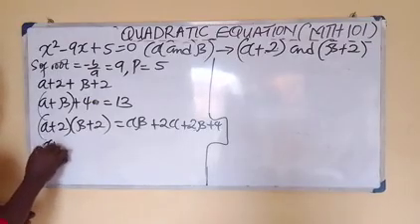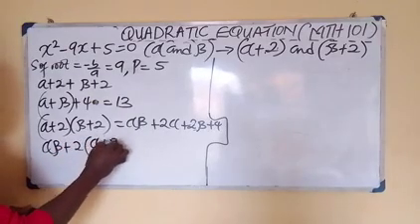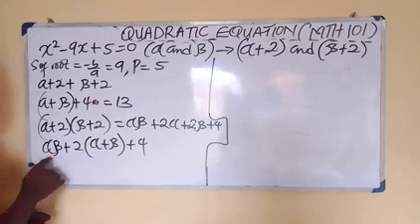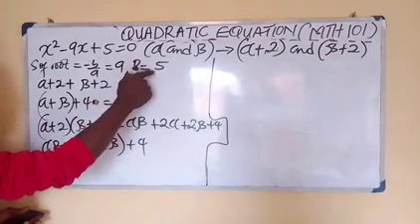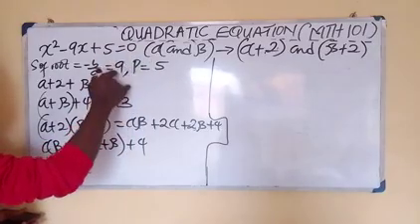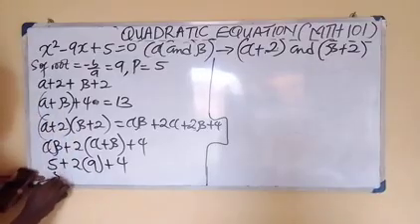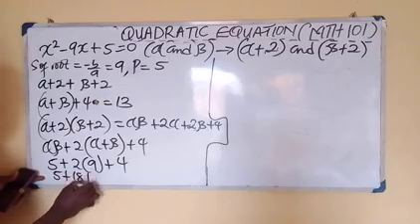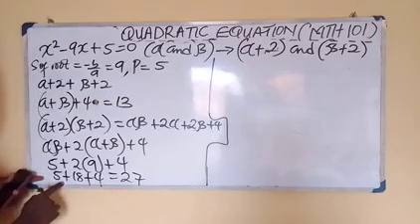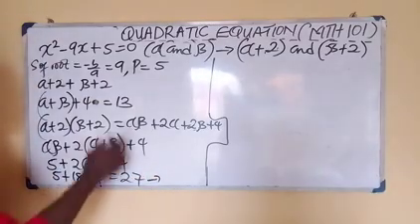I'll be having alpha beta plus, I'll factorize 2 open brackets alpha plus beta, then plus what? 4. You can see that. So the product of this, what is the product again? We got 5. So it becomes 5 plus 2. The sum is what? 9. Then plus what? 4. Right? So it becomes 5 plus this times this is 18 plus 4. Alright, I'll get what? 27. Because 22 plus 5 is 27. So the product is 27 and the sum is 13.